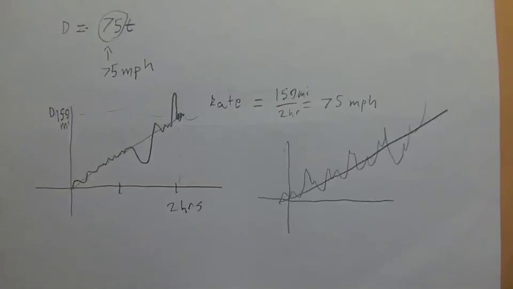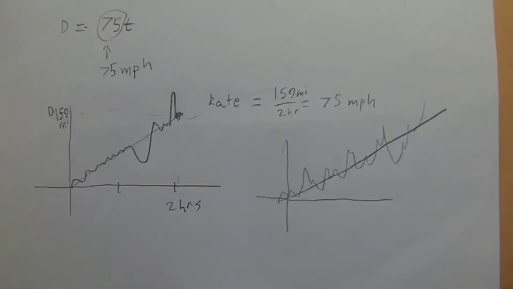But even though that's true, we can still say that on average, for that trip, I was traveling at 75 miles per hour. No one really wants every single little detail about your trip. You don't want to hear about every semi you got stuck behind and had to pass, slowing down to 60, speeding up to 80, slowing down to 60, speeding up to 80.